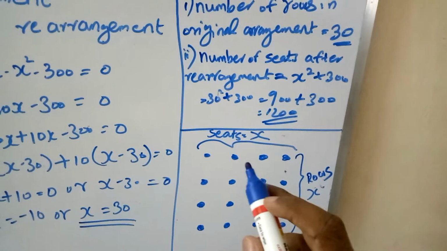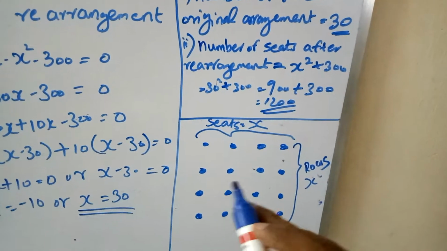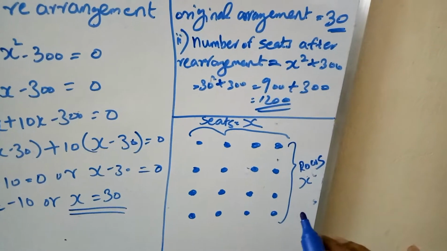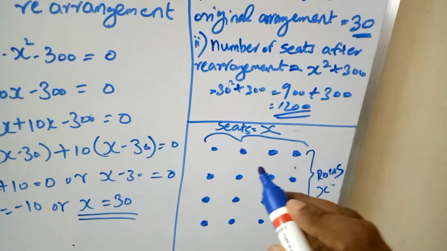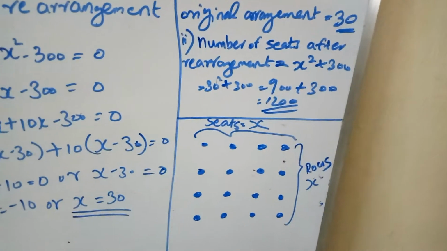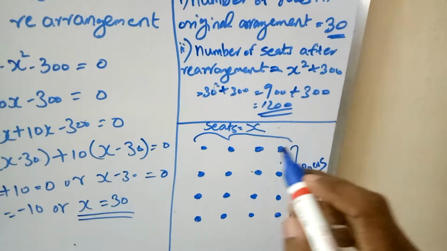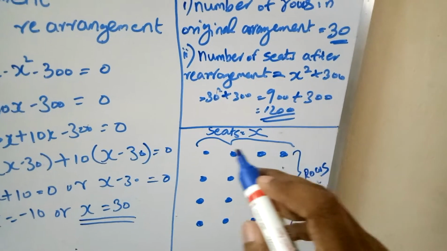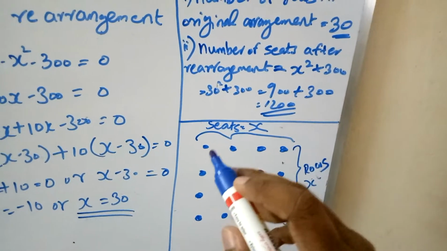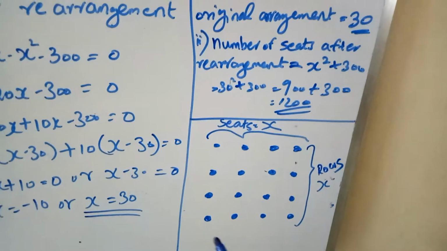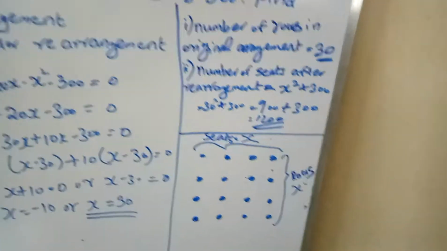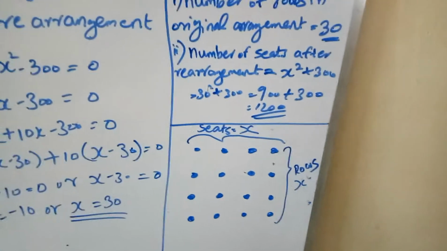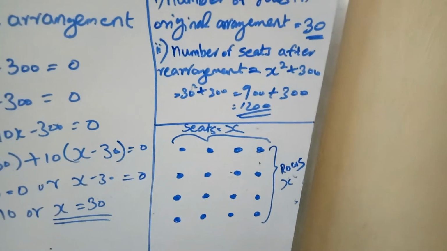For example, if there are x rows, then in each row x seats are there. Here there are 4 seats in each row, and total 1, 2, 3, 4 rows, so 4 by 4. Similarly, in this question we don't know how many rows and how many seats in each row there are.